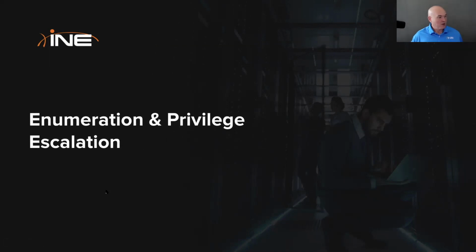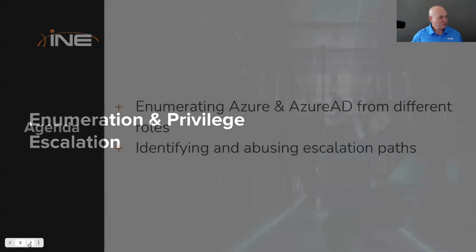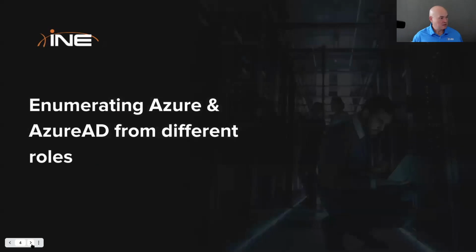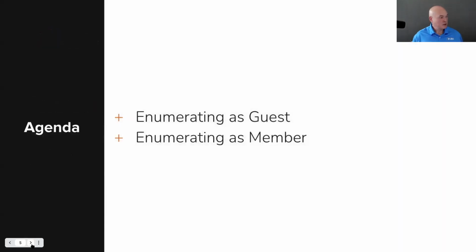So we're going to cover enumeration and privilege escalation. So the agenda is enumerating Azure and Azure AD from different roles, identifying and using escalation paths. So kind of the topics we'll touch on is enumerating users as guest, enumerating as member.